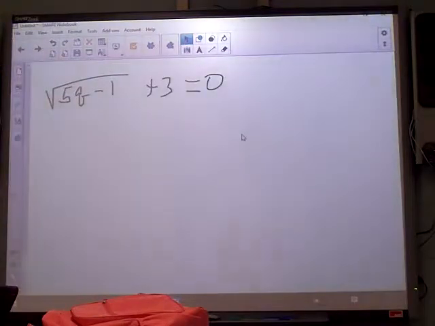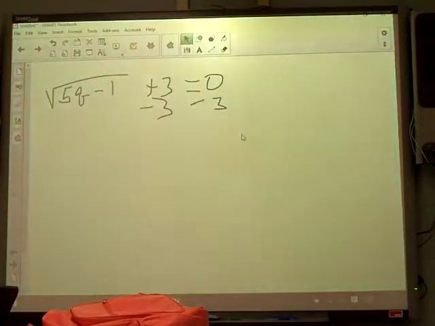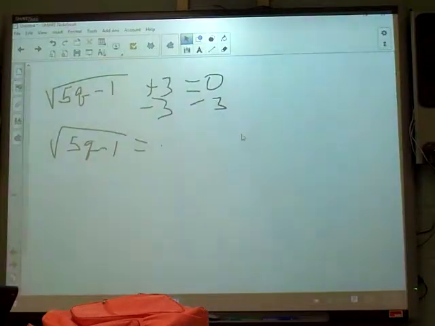Is it all by itself? No is correct. Good job, because there's an extra plus 3 stuck out on the end. So that's going to be our first deal here, is to get rid of that plus 3. How do you do that? Subtract 3. So I got square root of 5q minus 1 is equal to negative 3.